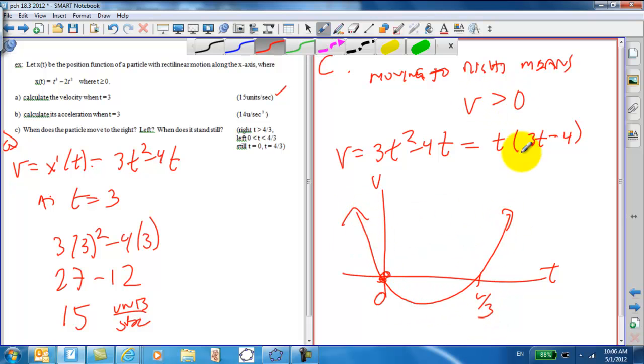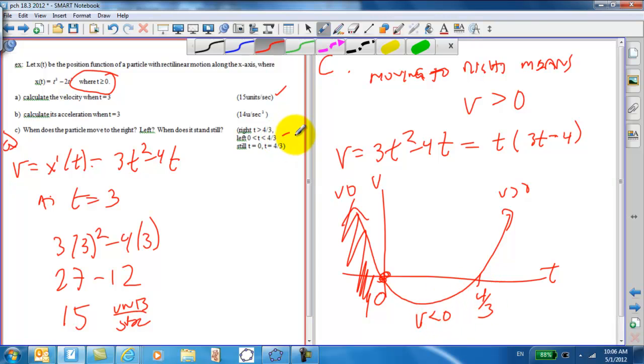So the velocity is greater than 0 when t is greater than 4/3. Now notice I didn't say less than 0 because it only says for time greater than 0, so we can ignore this part. And the velocity is less than 0 between 0 and 4/3, so it's going to the left there. And it's standing still at time equals 0 and time equals 4/3.